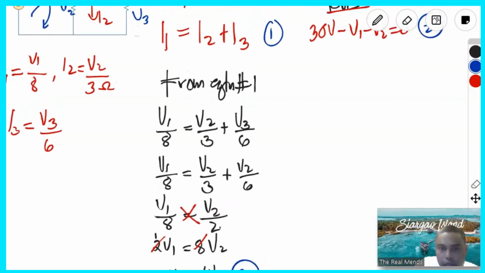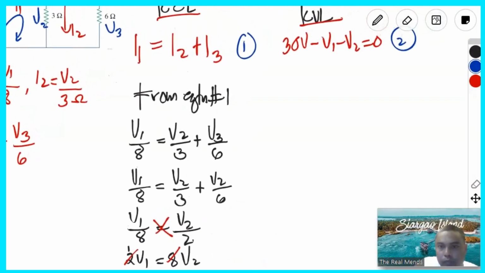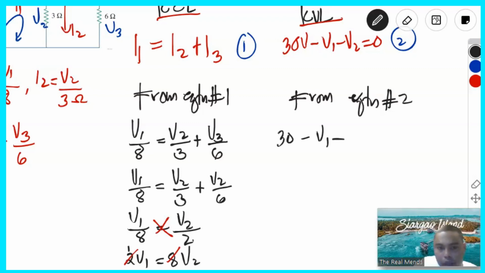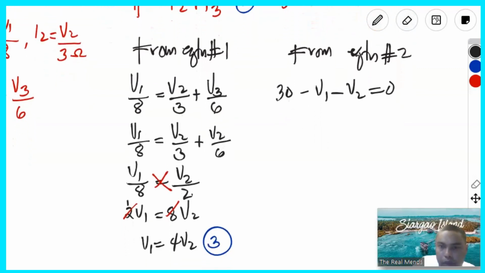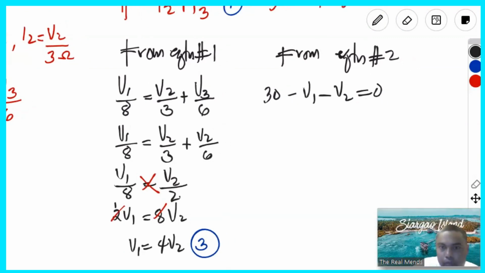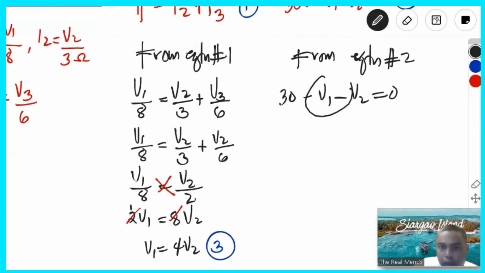Okay, and then from equation number 2, that is 30 minus V1 minus V2 is equals to 0. So from our equation number 3, we can substitute this value of V1 from this equation.